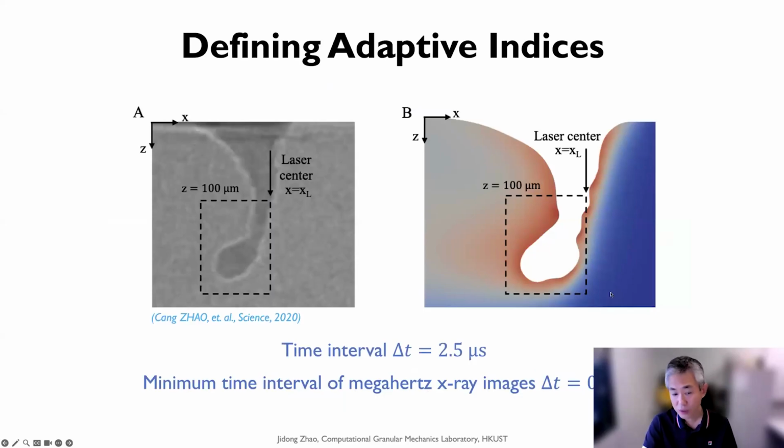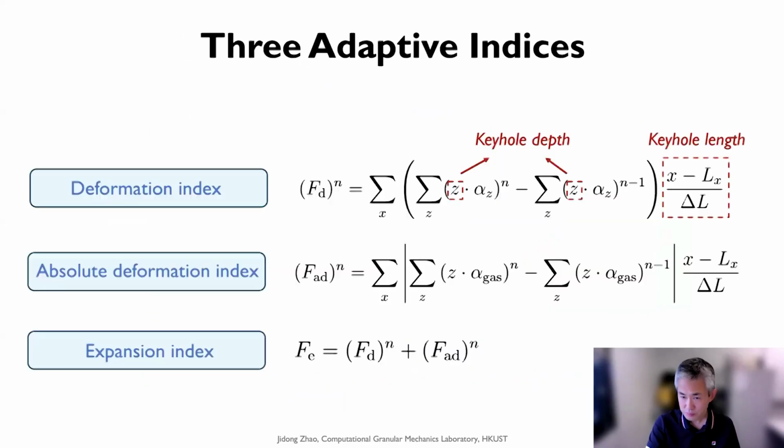Then we look at the geometry, the typical geometry according to the time instance, and define some adaptive indices for the control. Those are the 3 adaptive indices we have defined based on our numerical simulation and our understanding of these mechanisms.